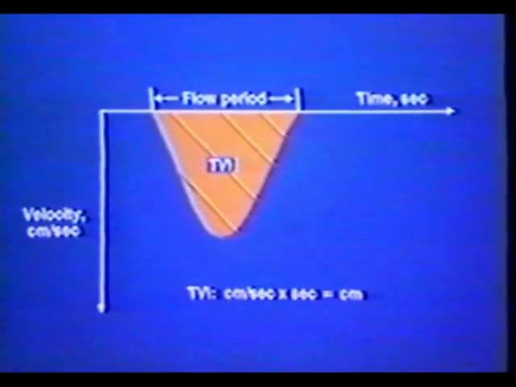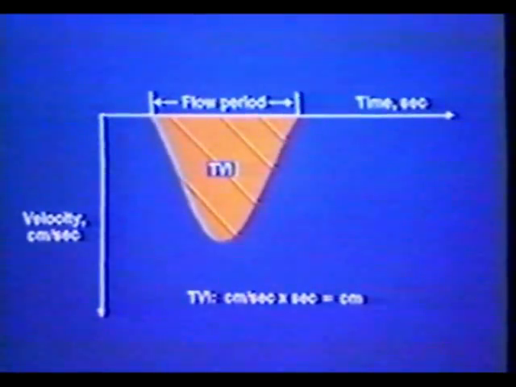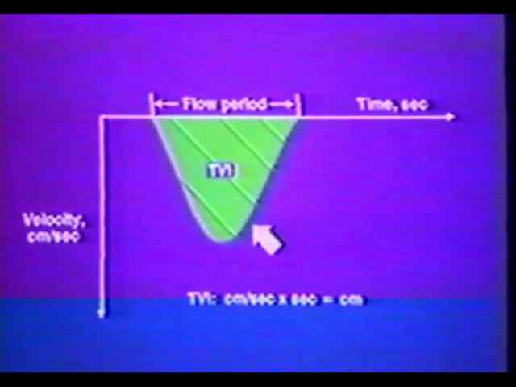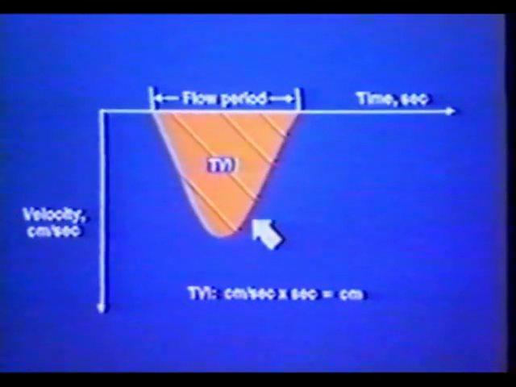The derivation of an equation for Doppler-derived aortic valve area requires echocardiographic determination of volumetric flow. You will recall from tape number 2 that volumetric flow can be determined by combining 2D and Doppler measurements. This is a schematic of a Doppler velocity spectrum from the left ventricular outflow tract.